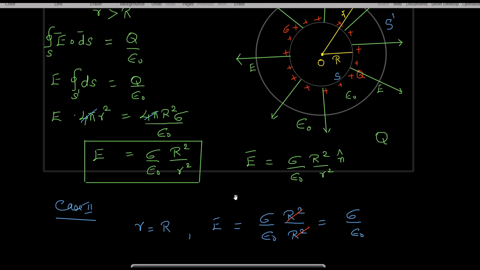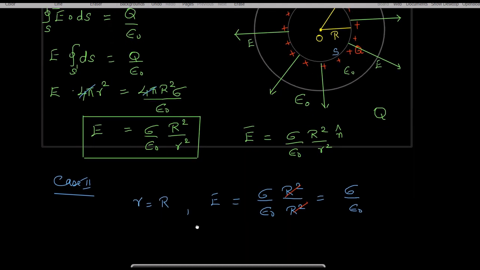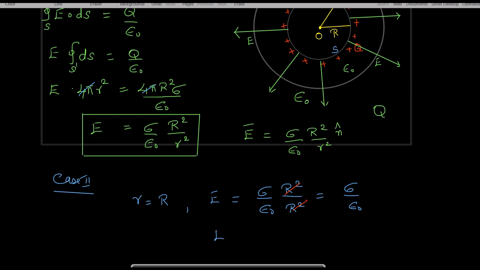Or we can say, on the surface of the spherical shell of charge, electric field vector equal to sigma by epsilon naught into unit vector n. This is the electric field on the surface.